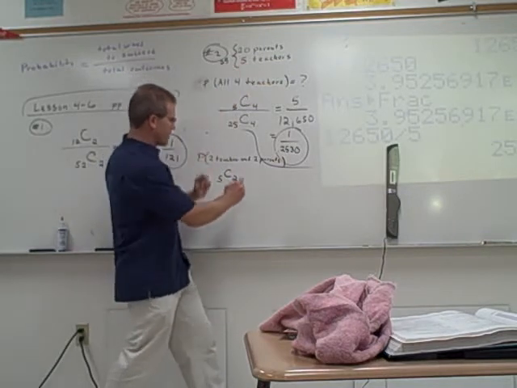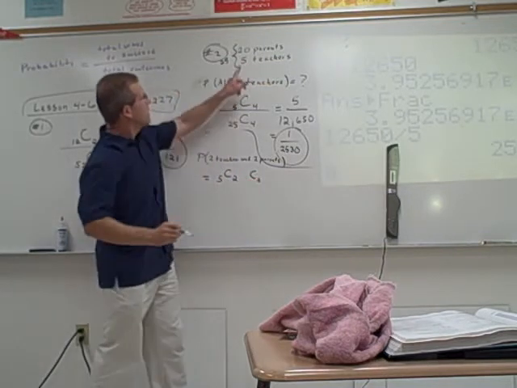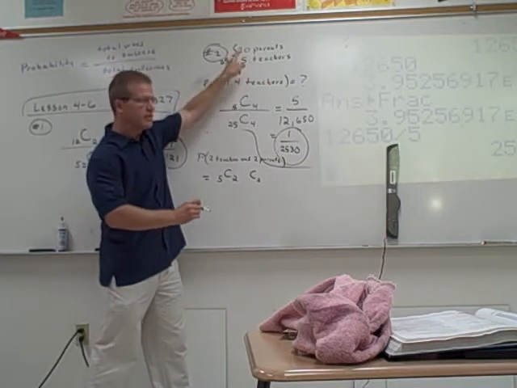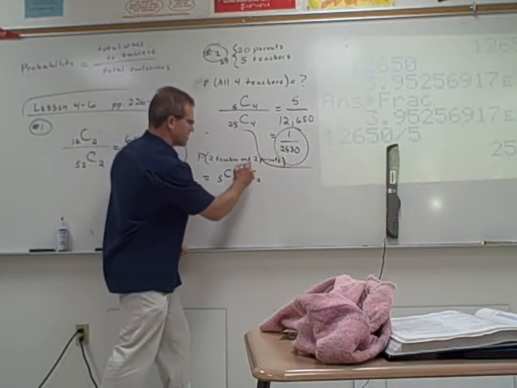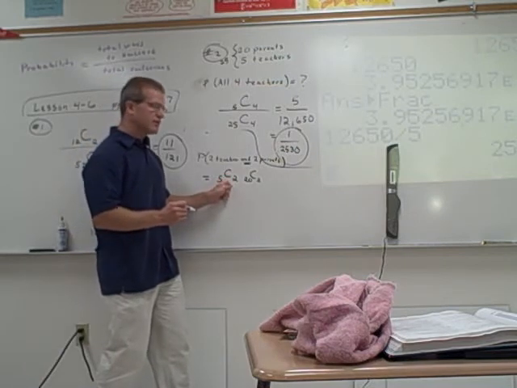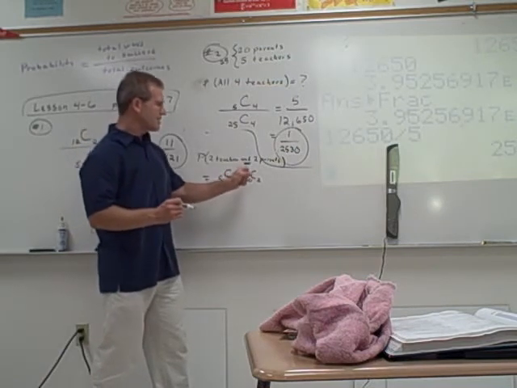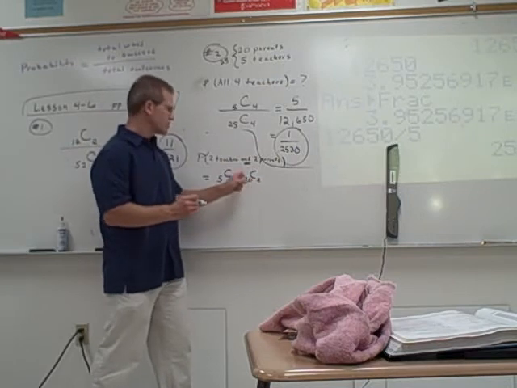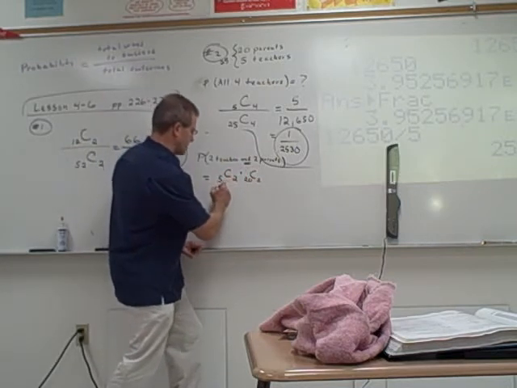I'm going to choose 2 parents out of 20. There's an and in the middle here, because I want to do both. I want to choose the 2 teachers out of 5, and I want to choose the 2 parents out of 20, so you're going to have to multiply these numbers.